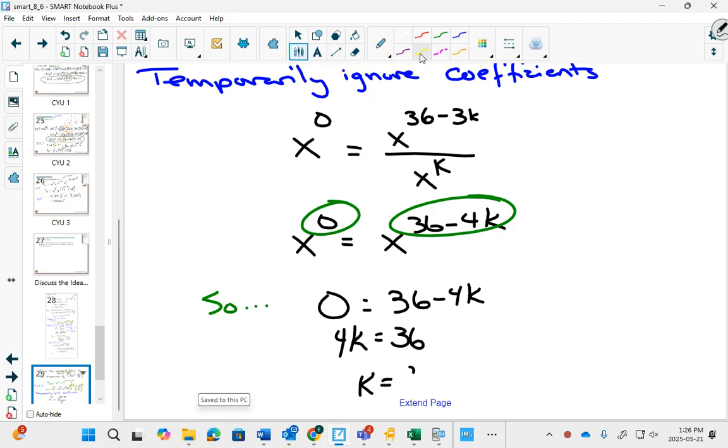Divide by 4. And we find it is term 10. If the question said, which term is the constant term, we would be done. If the question says, find the term or find the constant term, we haven't found it yet. We just know where it is.